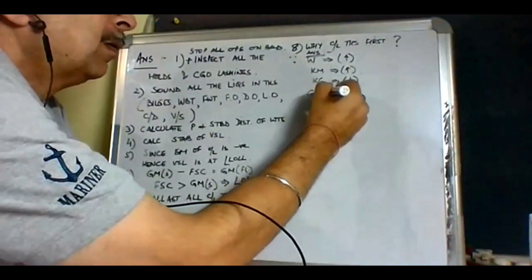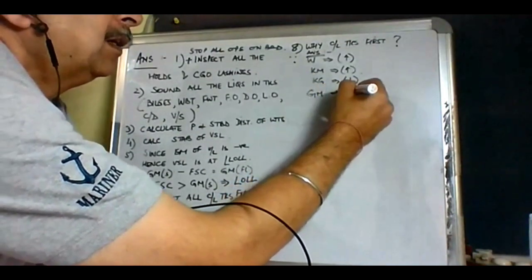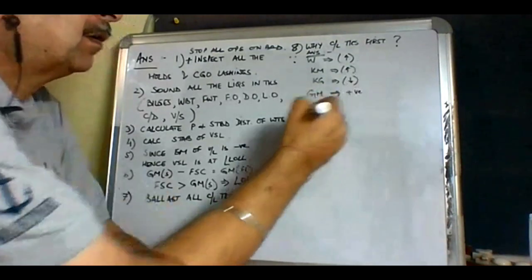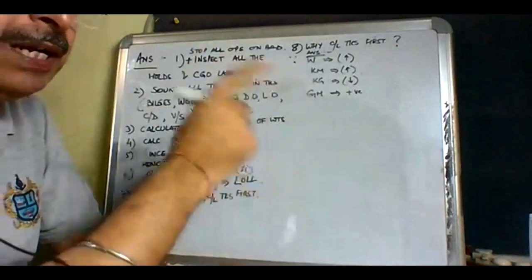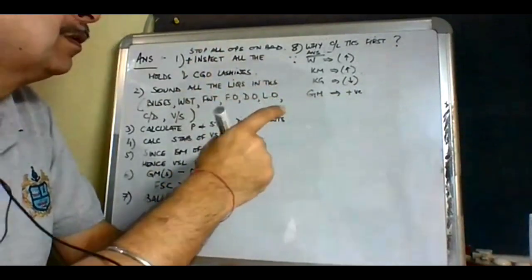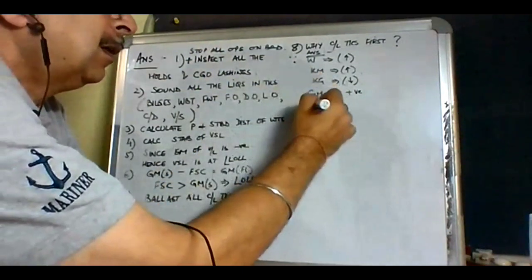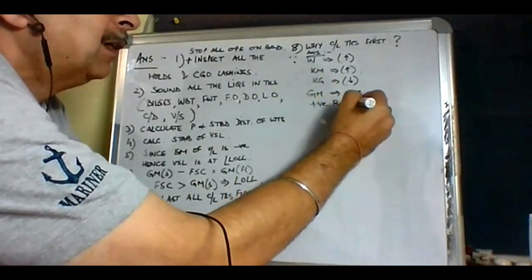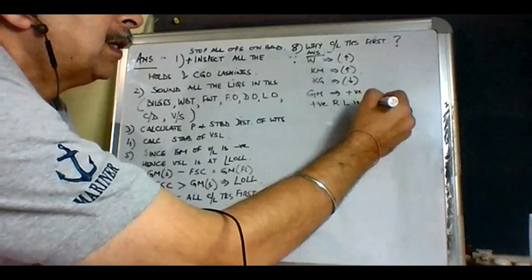That means the GM has a tendency for going positive. There is a tendency, it does not mean it will become positive. So as a result, a positive righting lever is created.